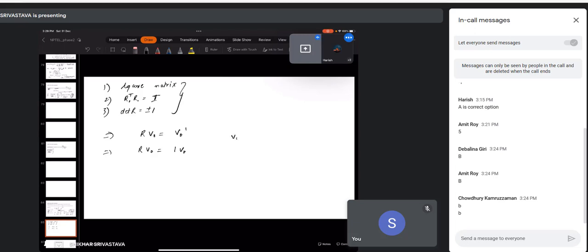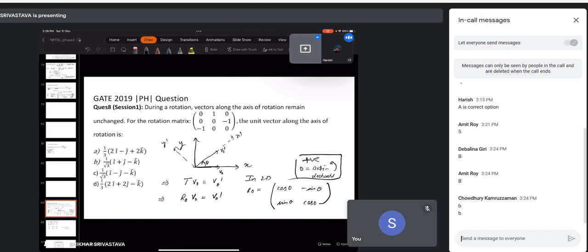Let us say that these vectors are represented by v theta and they lie along the axis of rotation. Along the axis of rotation means that, suppose in the 2 dimensional case, this vector is lying along this axis of rotation and this axis rotates by theta.